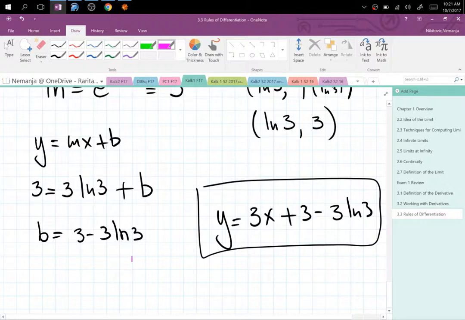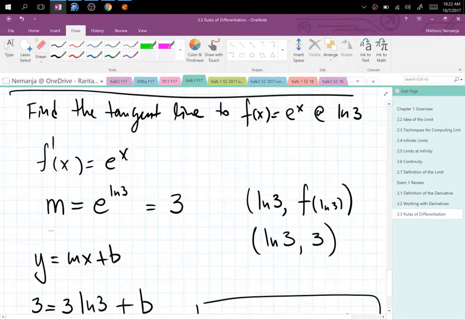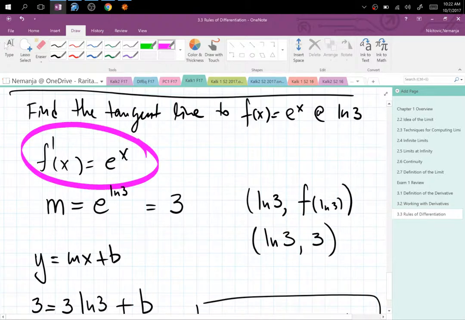Trig is going to have more interesting things there, including pi and stuff. Procedure for tangent line will never change. What's going to change is the way you find the derivative. So tangent line problem remains the same in every section.